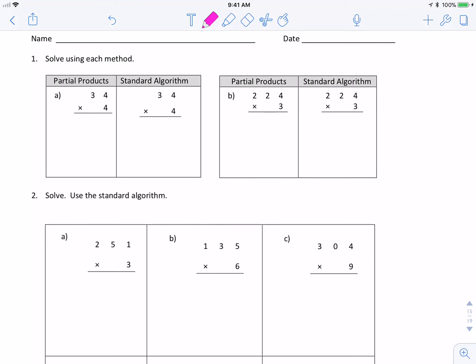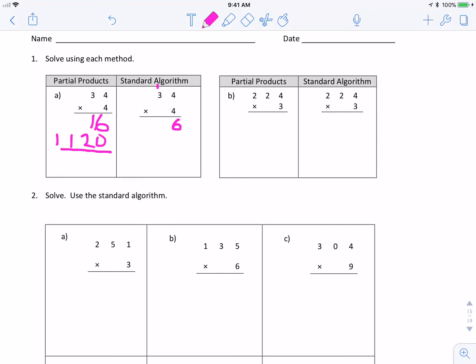So 4 times 4 is 16. So we have 16 here also, but we're going to carry our 1, remember? Then we have 30 times 4 would be the same as 120.